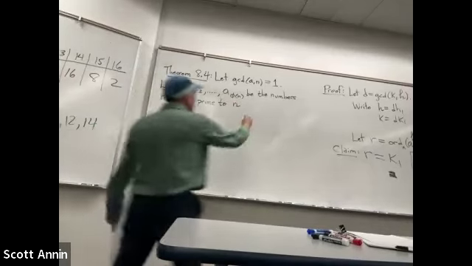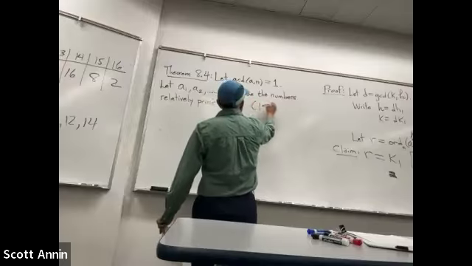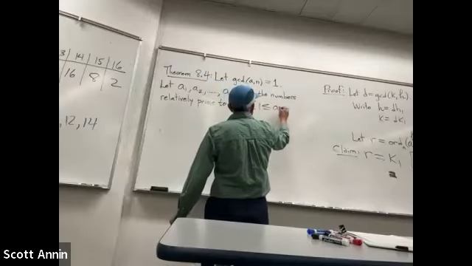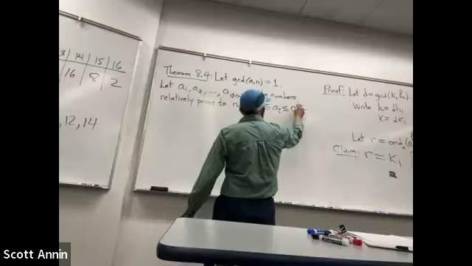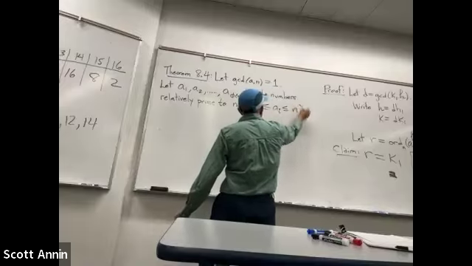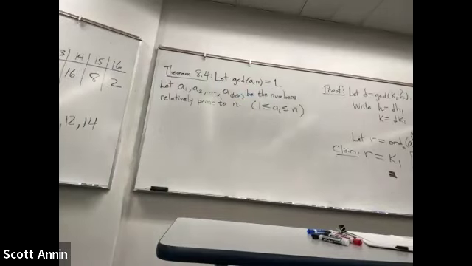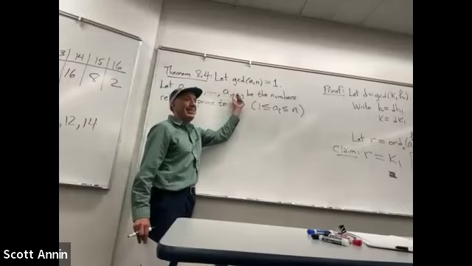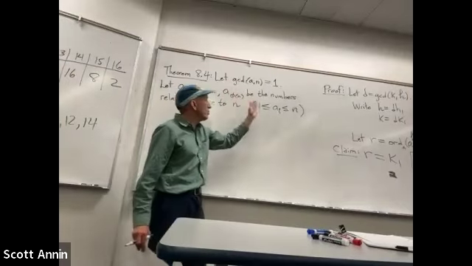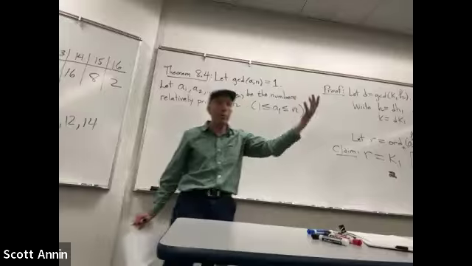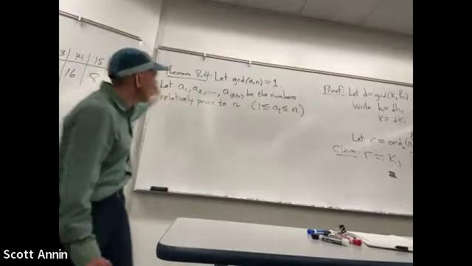And when I say that, I mean those are the numbers between 1 and n that are relatively prime to n. Remember, what is the definition of phi of n? It's the number of integers between 1 and n that are relatively prime to n. So I'm just saying, let's suppose we list them all down.